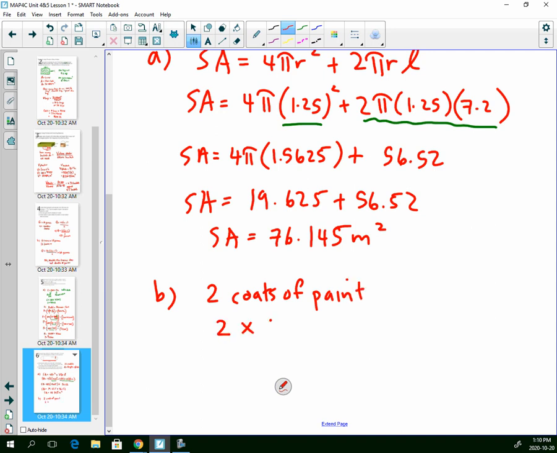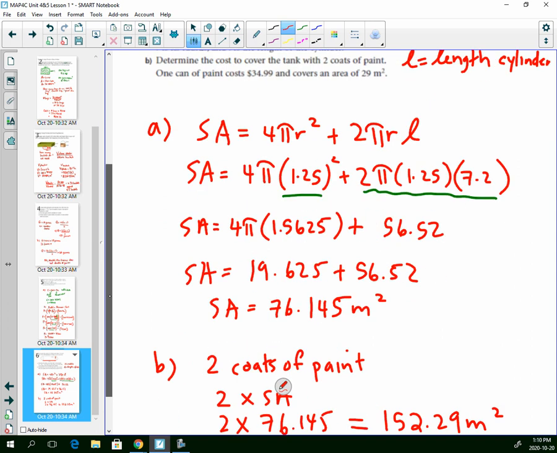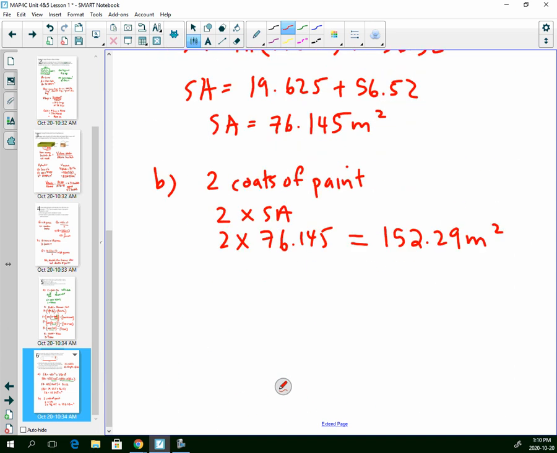Okay, so 2 times the surface area would be 2 times 76.145. So we need to cover 152.29 meters squared.